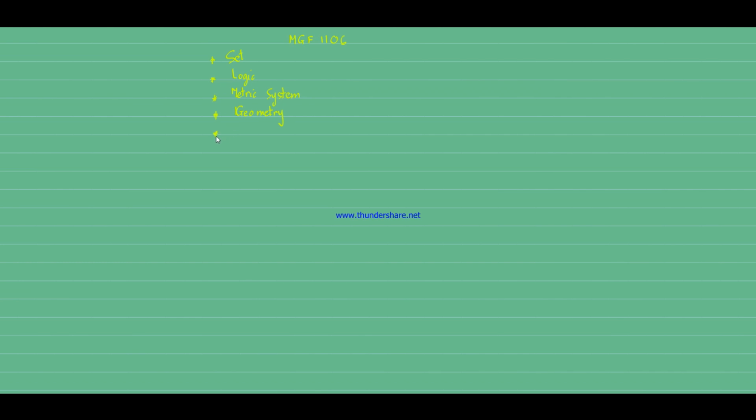Then we're gonna talk about the last two branches of mathematics: probability, and then finally, statistics. Now, I have to say that these two branches are related to each other very much. In statistics, we collect data, we analyze data, and after we analyze it, we use the data to predict the future.